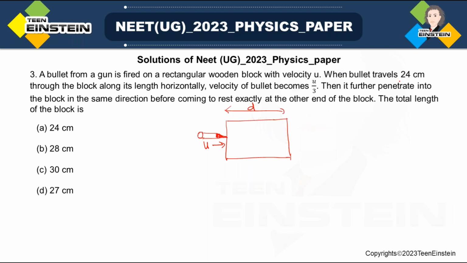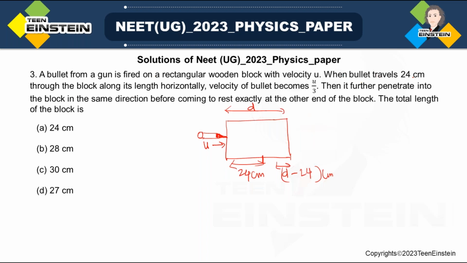When the bullet travels 24 centimeters through it, suppose it comes like this. So it has already traveled 24 centimeters, and the remaining part is d minus 24 centimeters.